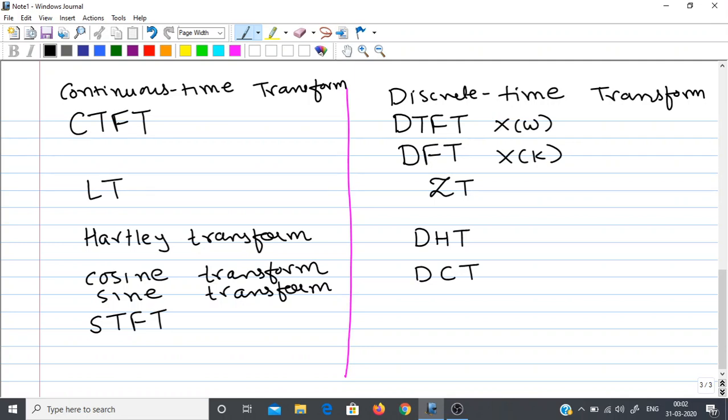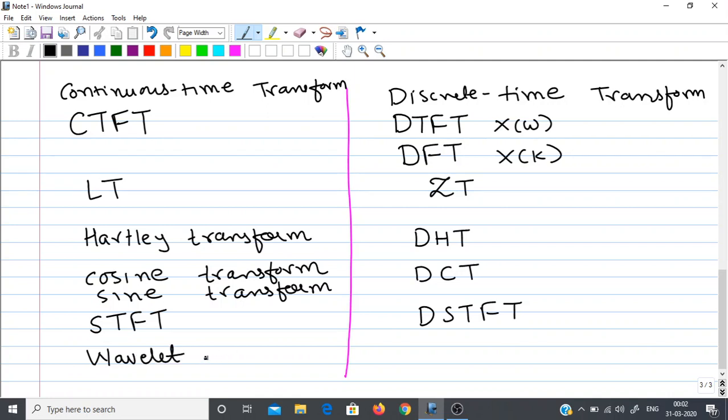You can have a discrete version of STFT. So, discrete STFT you can have. Now if we go further in time frequency representation, there is an important class of transform. There is not a single transform, but a whole class of transforms, and that class is called the wavelet transform.